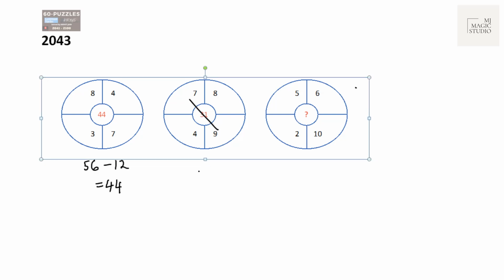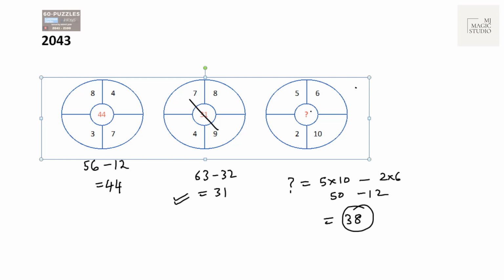Let's see whether it fits here. 7 into 9 is 63 minus 32 will give 31. It fits here also. That means in place of question mark we will have 5 into 10, that is 50, minus 2 into 6, that is 12. 50 minus 12 is 38. I'll put 38 in place of this question mark.